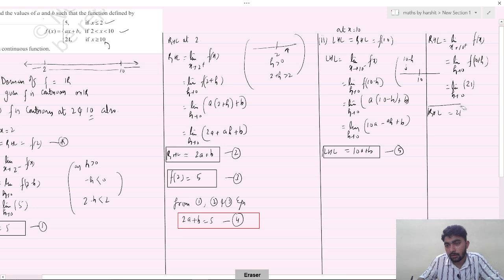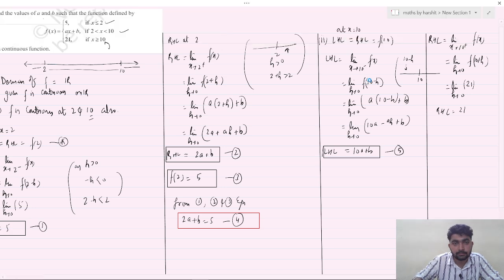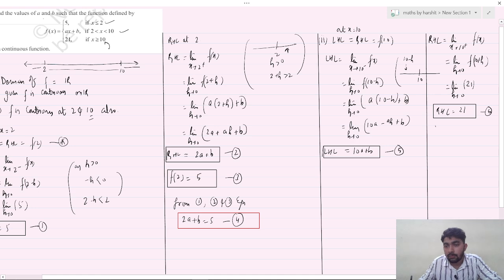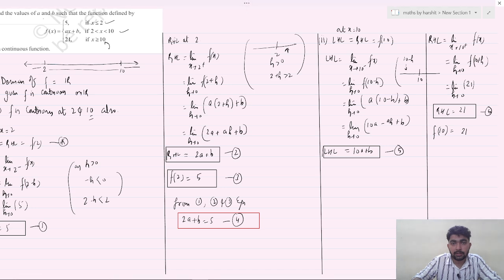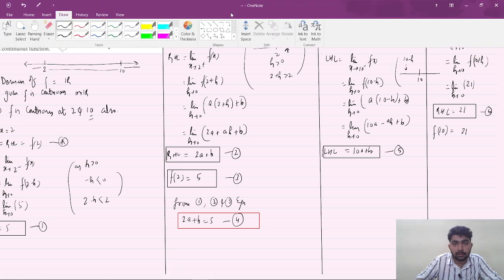Yeah, this is your sixth equation. Now the function value at 10, we can find by the third piece again.